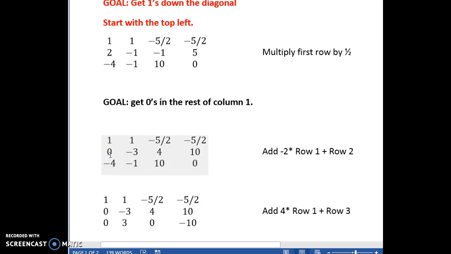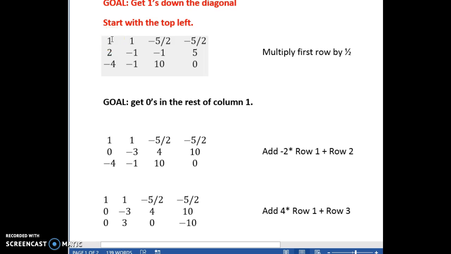So how am I going to 0 out this second row? I'm going to add some rows together. I'm going to do negative 2 times this first row, because negative 2 and 2 will equal 0. So negative 2 times this whole row and add it to the second row. I chose negative 2 because my goal is to get a 0 there.